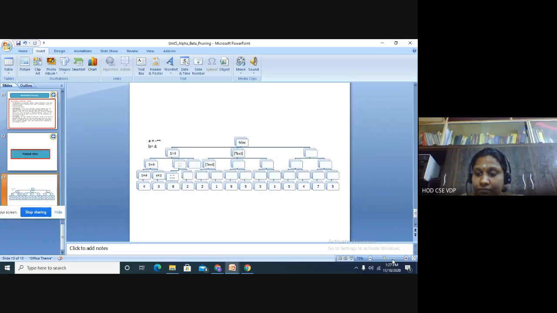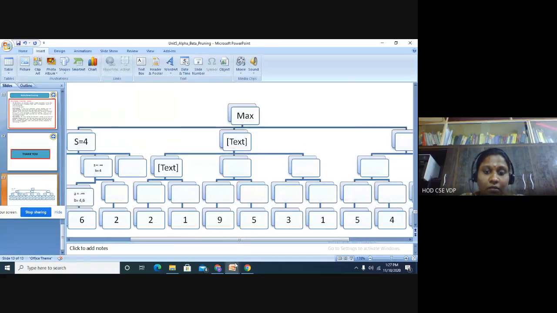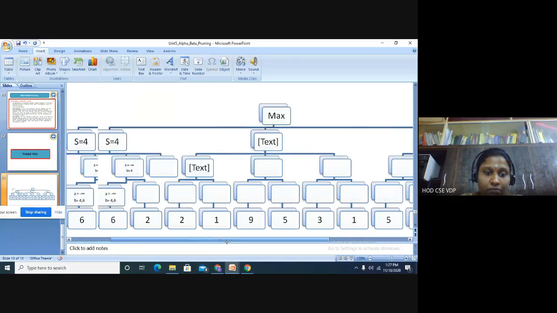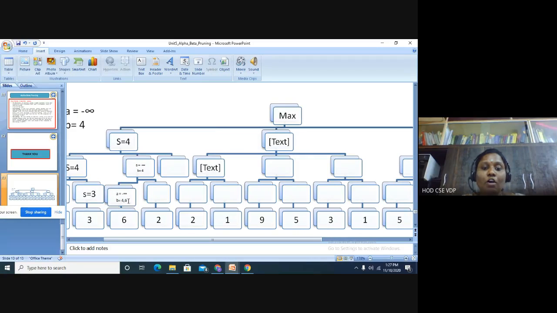So now when I come here, I have 4 comma 6. This is playing what strategy? Max min. Yes, the value of beta would be equal to 4 only, no doubt about it. But the value of s would be equal to 6. Now when I take this value up, s is equal to 6.